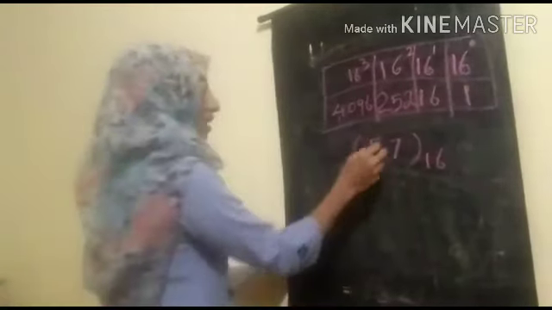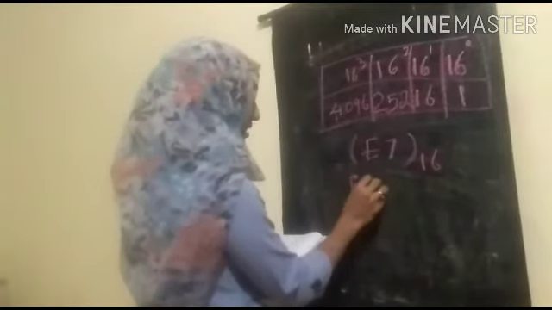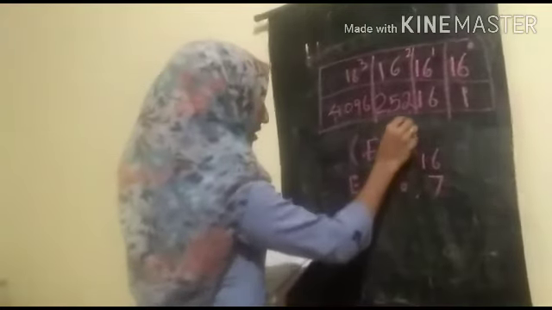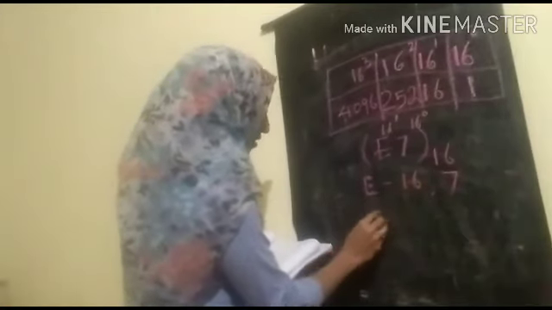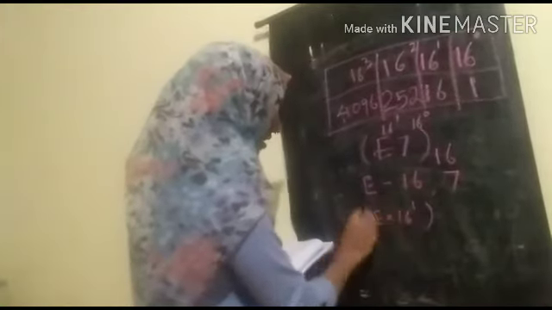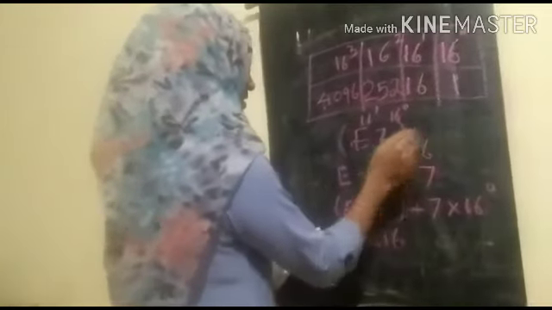Then the place value of the hexadecimal number: E is in the 16 raised to 1 place, then 7 is in the 16 raised to 0 place.